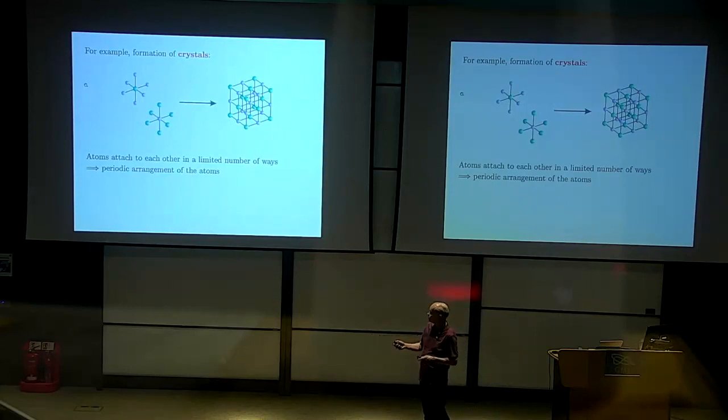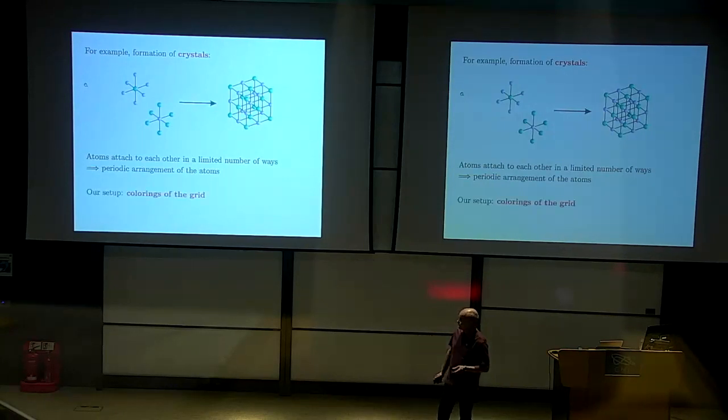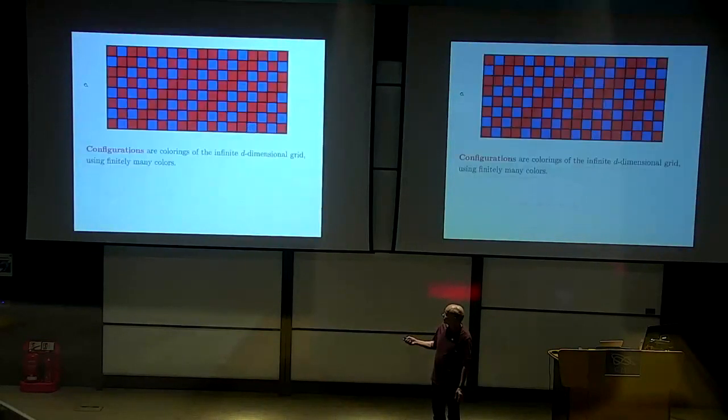Like in salt, if sodium and chloride attach to each other in a very limited number of ways, when they come together, you are forced into a periodic structure. So I look at this phenomenon in the context of a square grid or a rectangular grid, colorings of grids. And I do it in any dimension, not just in the plane.